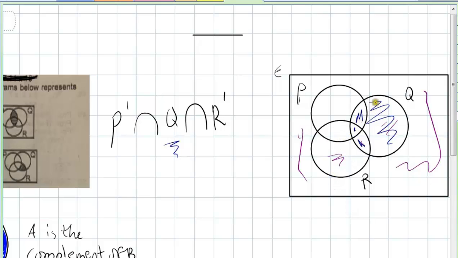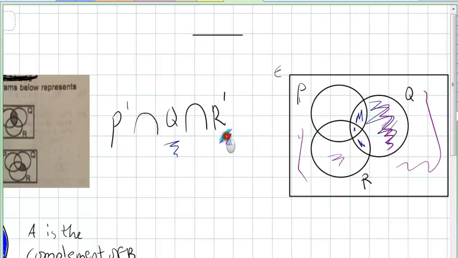But what part of it is included in Q? Well, that's out here. This is technically P prime, right? And this, I wouldn't consider this, because this is still a part of the circle of P. Now let's go into R prime. I'll use another color for R prime.